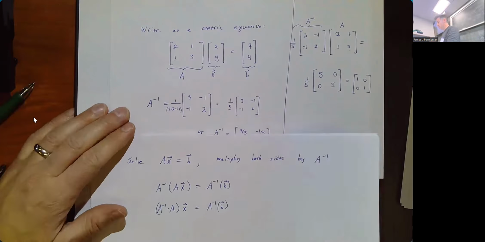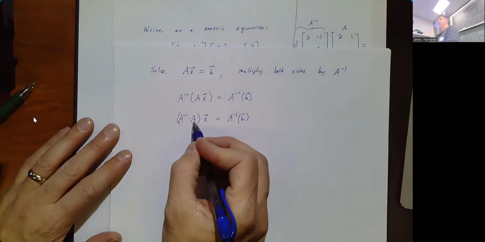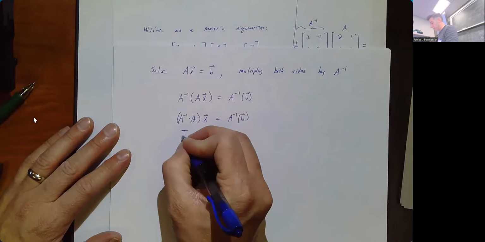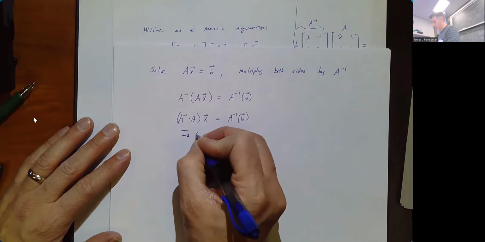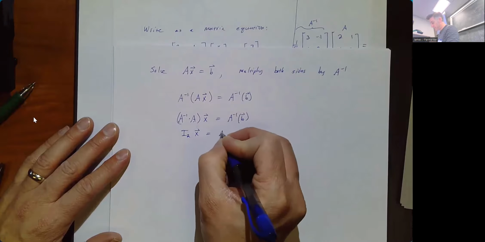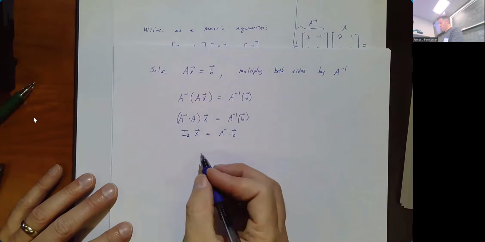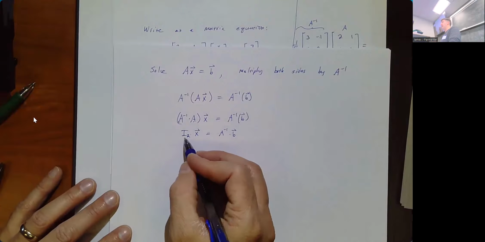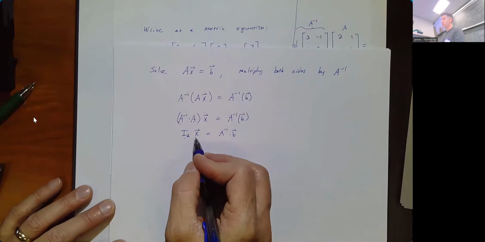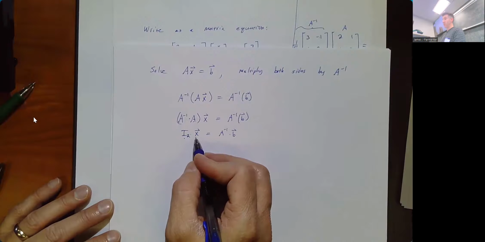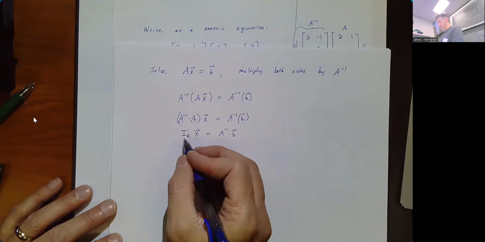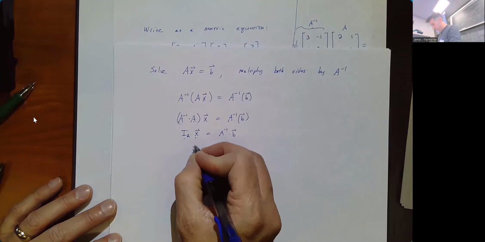So look, A inverse times A is just the identity. In this case, the 2 by 2 identity. But I'll remind you that when you multiply the identity matrix by any other matrix or vector, you get that vector or matrix back. So the identity times anything is just the thing you're multiplying by.